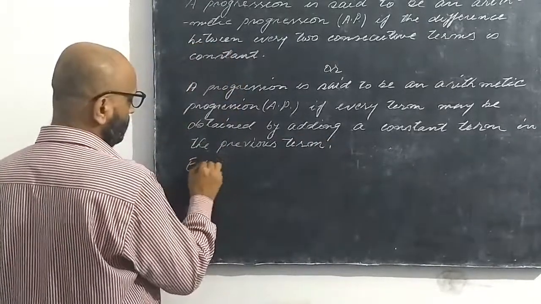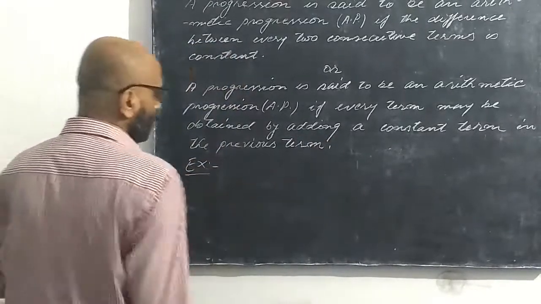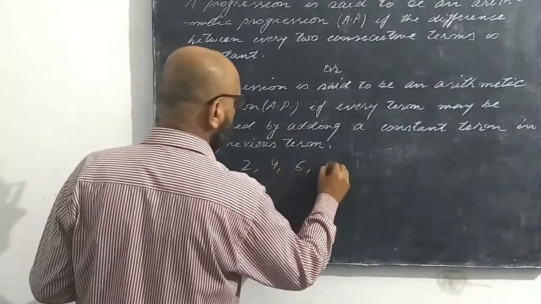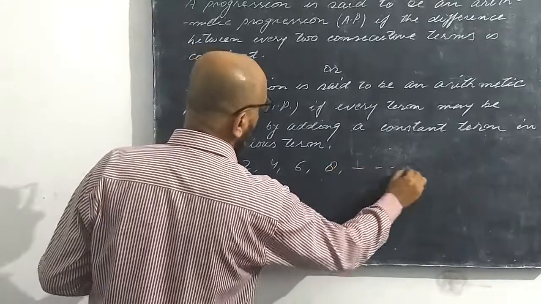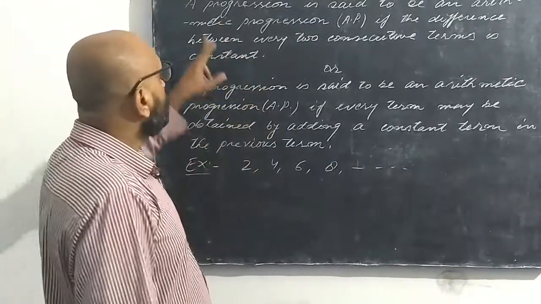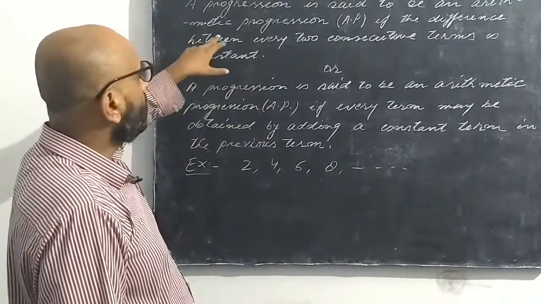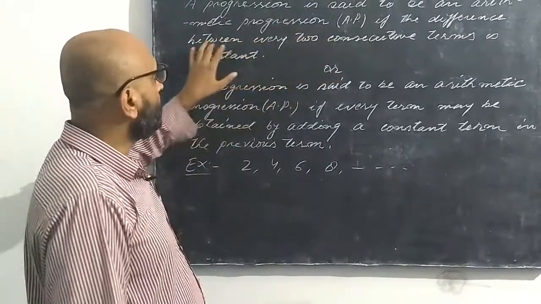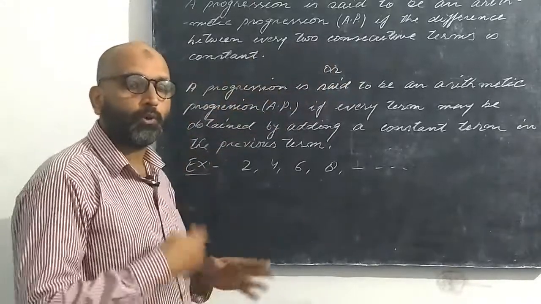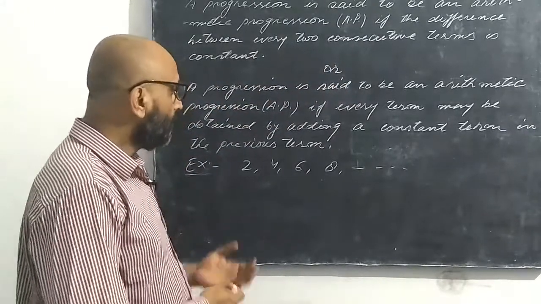For example, 2, 4, 6, 8 and so on. So if we consider the first language of arithmetic progression, we say the progression is said to be an arithmetic progression if the difference between every two consecutive terms is constant. What are consecutive terms?